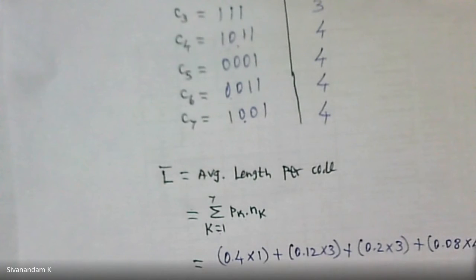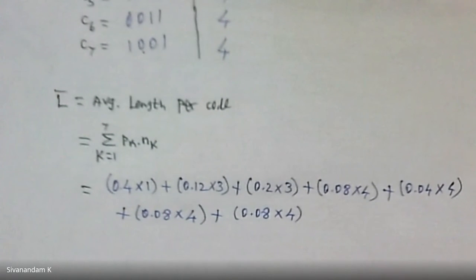And code length is 4. Fifth message probability is 0.04. Code length is 4 plus sixth message probability into code length plus seventh message probability into code length.